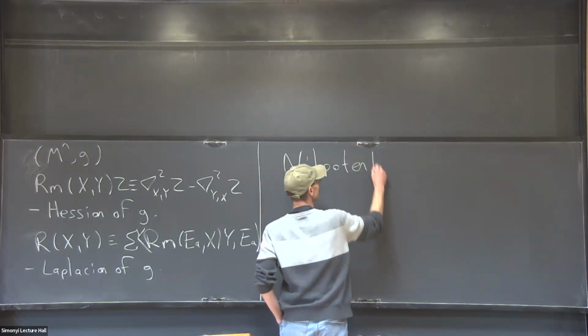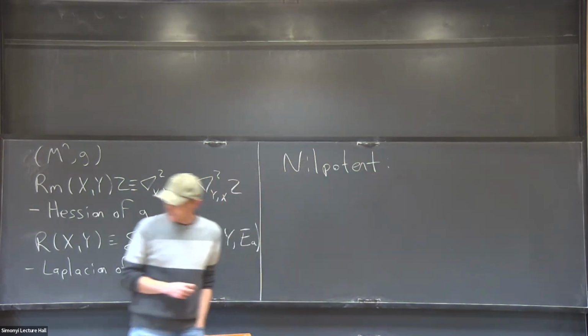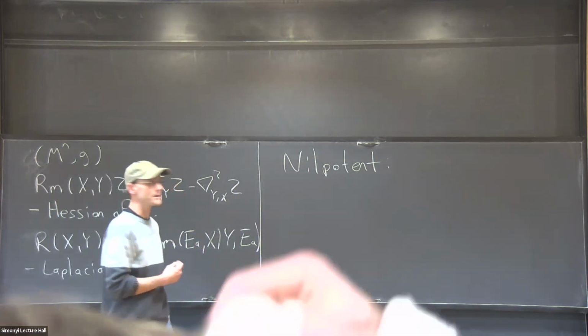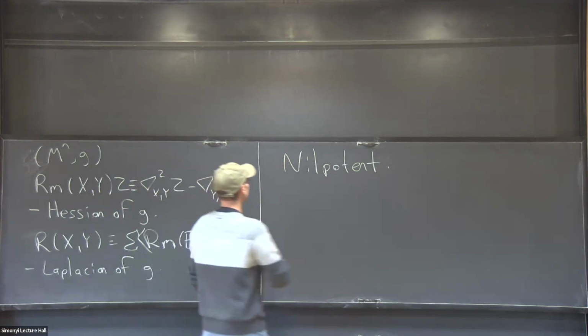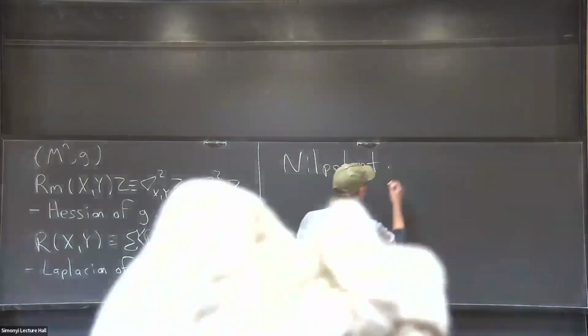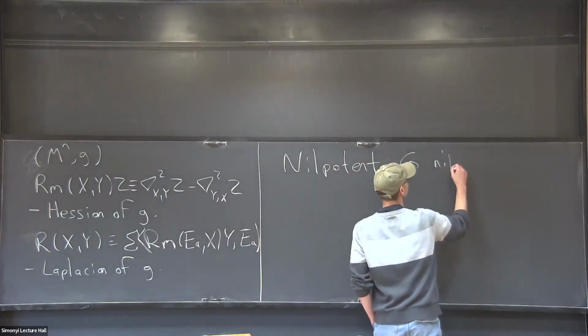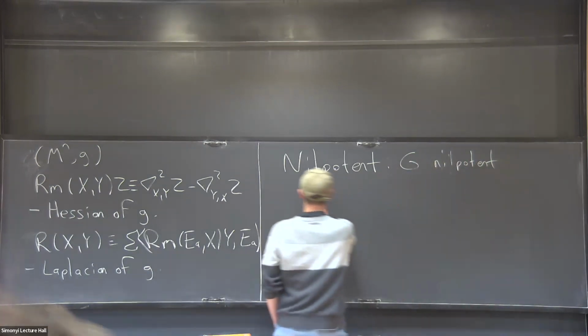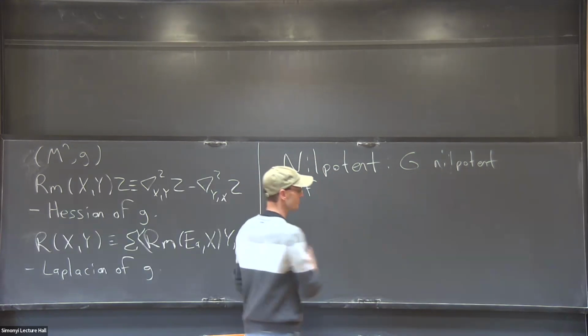On the other hand, what's nilpotent? So a nilpotent group is basically almost abelian. It's the closest thing to being abelian that's not. The next most complicated thing after having a group operation that commutes. So if I were to give a definition, I would say G is nilpotent if its lower central series terminates.